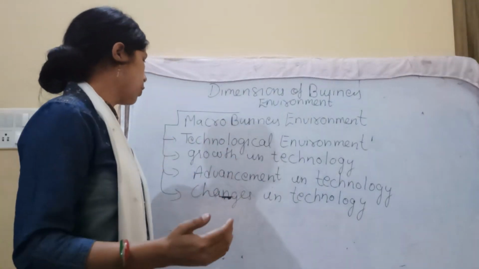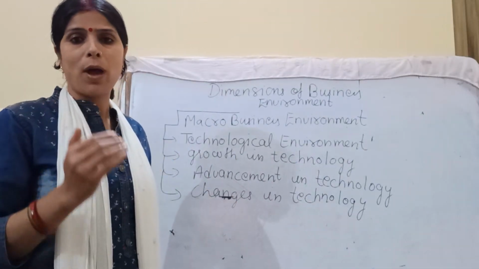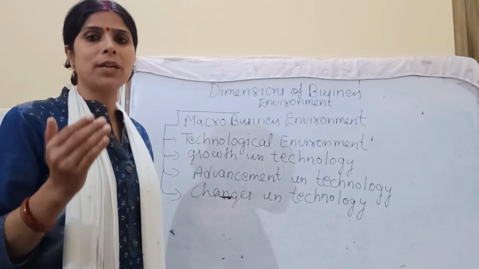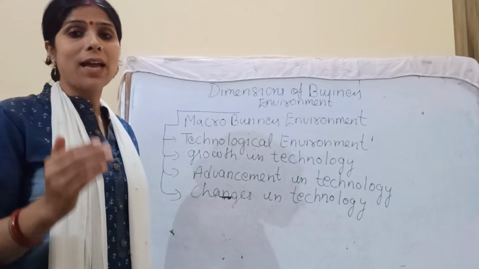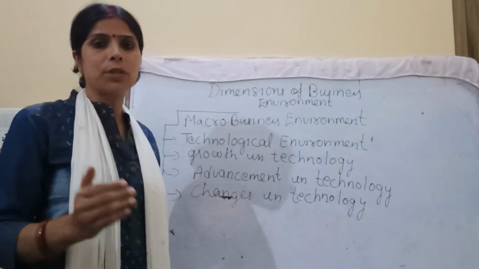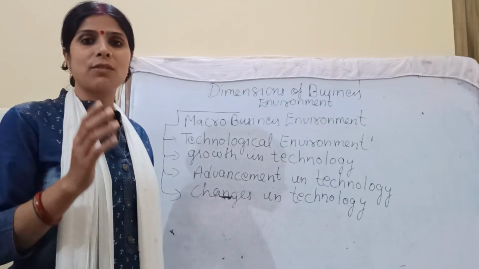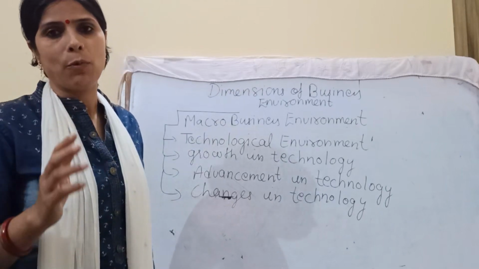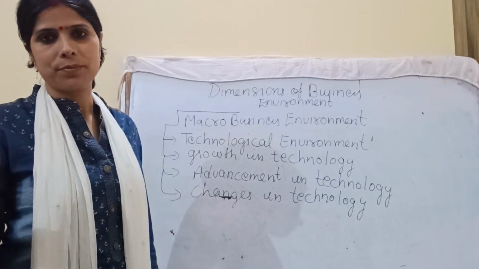The changes in technology, definitely that is going to affect the business environment, and what the business environment has to do, continuously they have to scan the environment and they have to adapt themselves to these changing technologies. Then only they can survive in this competitive environment. Otherwise they will not be able to survive.